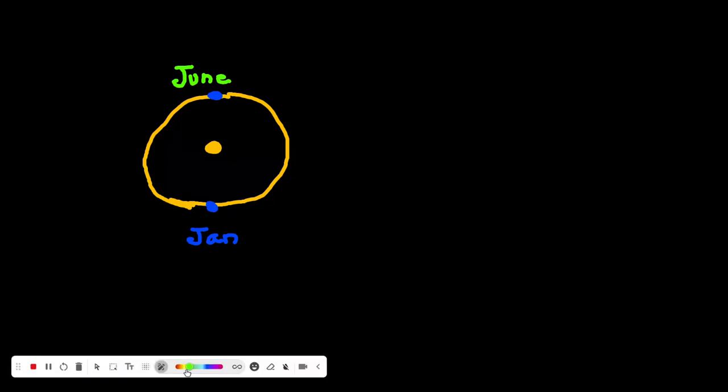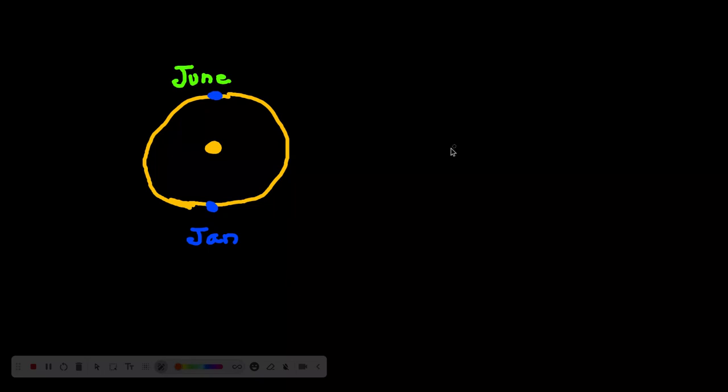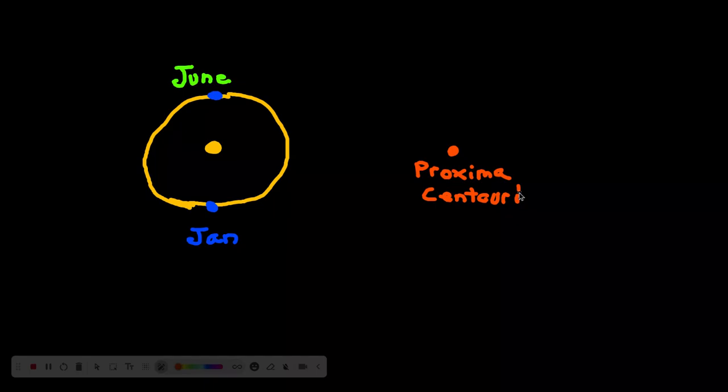And then over here, for the red dwarf, we'll have Proxima Centauri. So this is our star, Proxima Centauri. When we're looking at Proxima Centauri, let's say here it's New York and here it's Spain, Madrid, or somewhere. As we look at it, we can see the angle.